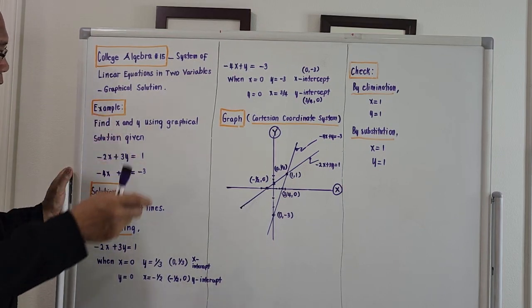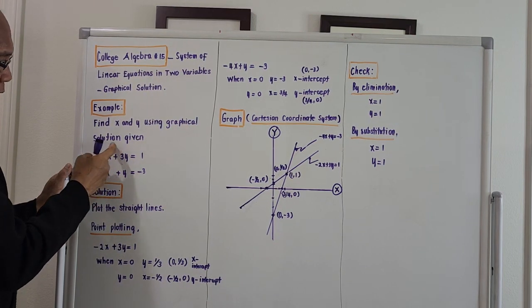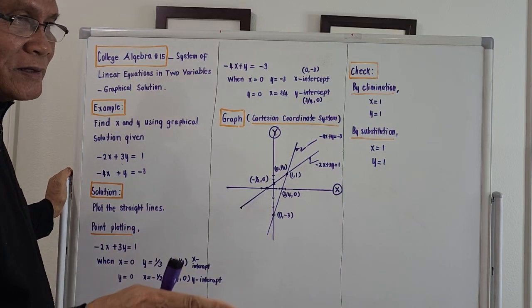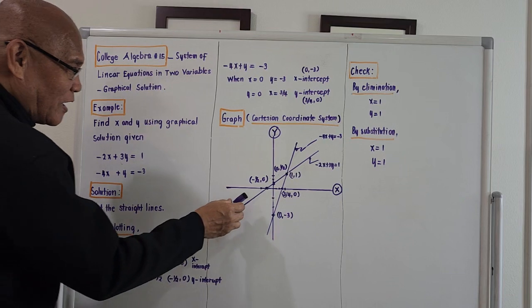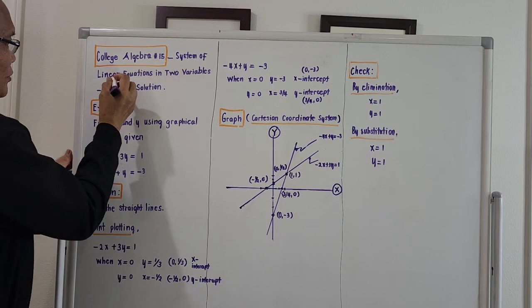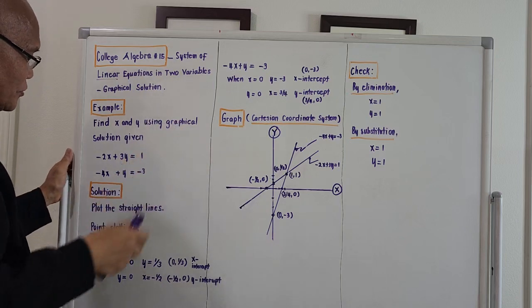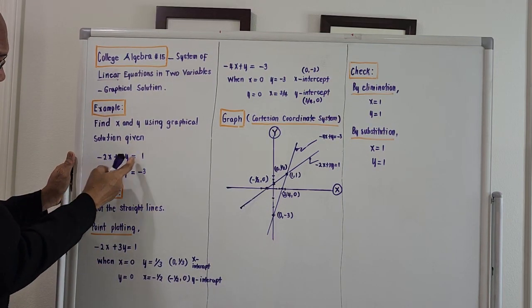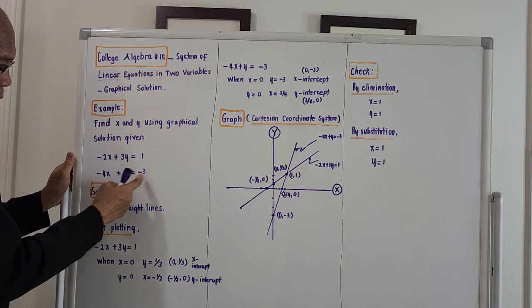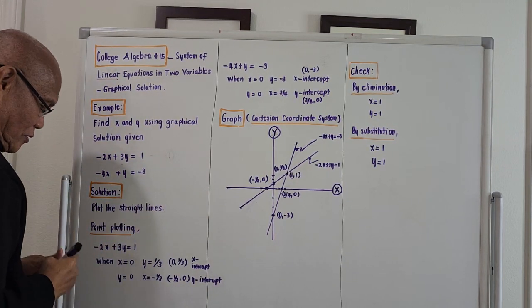I will read the problem. Find the value of x and y using graphical solution. We are given two linear equations. Linear is synonymous to line, so they are straight lines. The first straight line is minus 2x plus 3y equal to 1, and the second straight line is minus 4x plus y equal to minus 3.